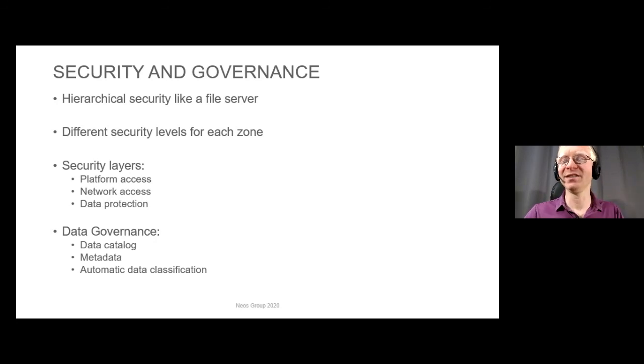And don't forget about the service accounts as well, which you will need to move data between zones and load it. Also, we have network access, so a firewall to limit access in your network only, for example. And then in the cloud services, you also have some virtual networks that are available.